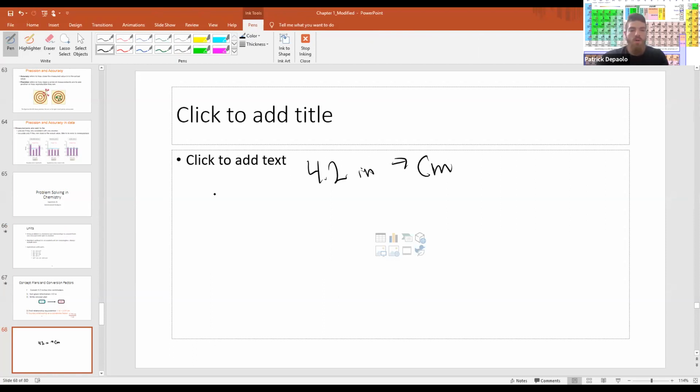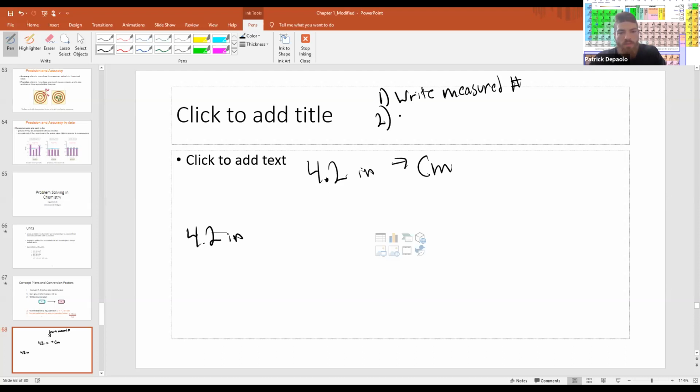All right, so what do we do first? Step 1 is write the measured number. Our measured number is always the thing we're trying to convert. 4.2 inches, all right? What do I do next, Professor?